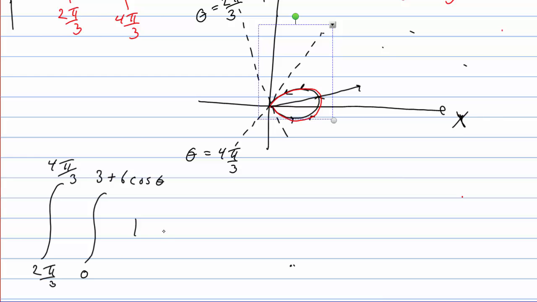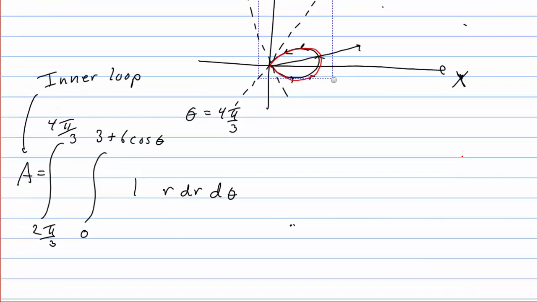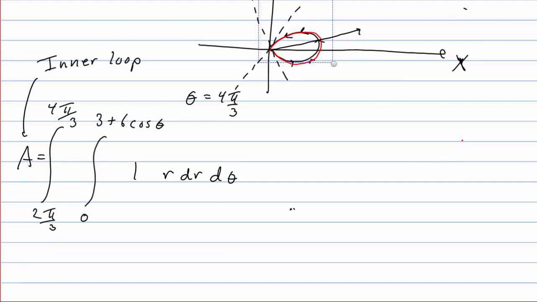And we would have 1 r dr d theta, because we're trying to find area. Right, so this would be the area for the inner loop. So we're really answering part C at the moment.